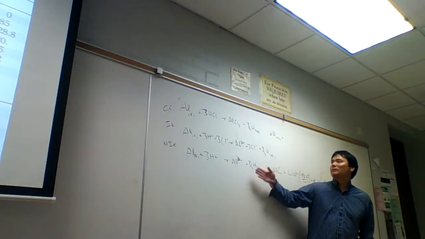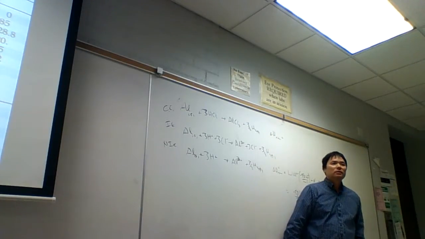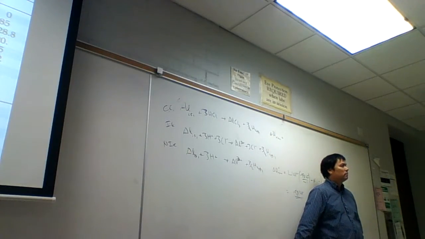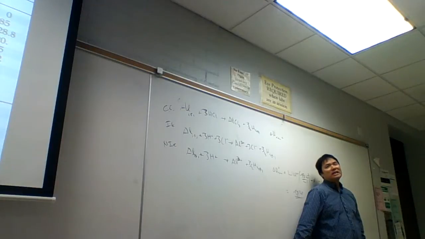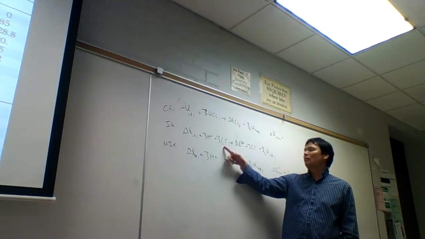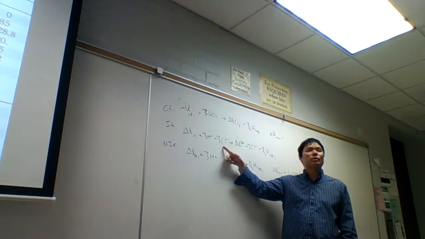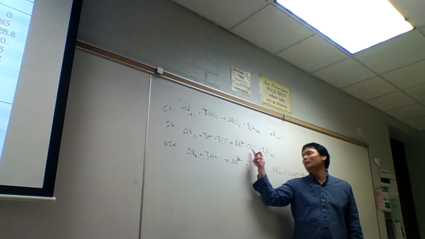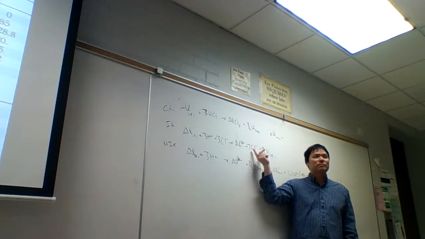If it doesn't work, maybe we should go back to this. Does it work? It turns out it does work in this case. It does work because if we factored in the anion, we got 3 moles of chloride here at minus 167.2 times 3. And then 3 moles of chloride here at minus 167.2.